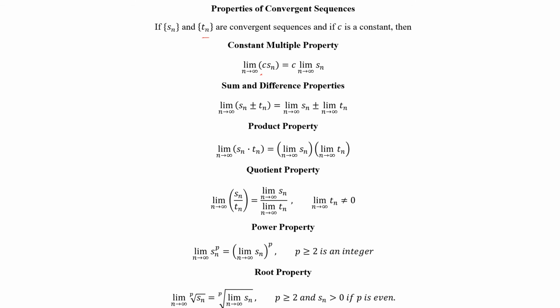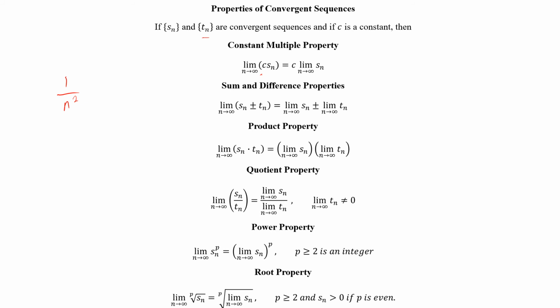Product property, multiplying two sequences. Again, we'd multiply the first terms, the second terms, the third terms, etc. We would multiply the limits to get where they go. Same thing with quotients, as long as the denominator doesn't equal 0, because bad news happens then. If we take the power of a limit, the one we were looking at was 1 over n squared.